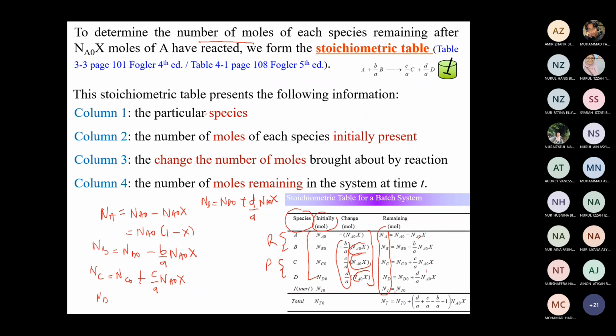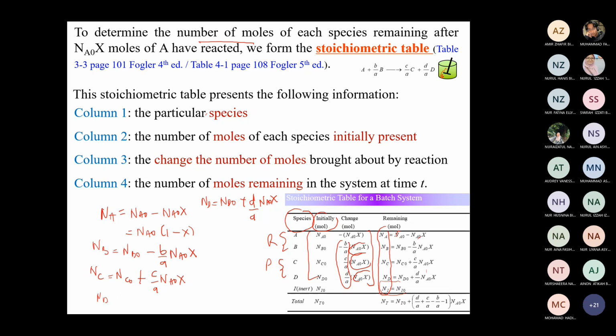So for NI0, because it is inert, it does not react with anything, including A. It is just present in this reaction, but it has no reaction. That is why it stands alone. So the initial moles of all the compounds you can denote as NT0. So NT0 is equal to NI0 plus ND0, NC0, NB0, NA0. So the whole N total is equal to N total naught.